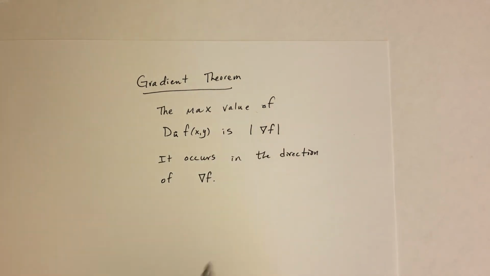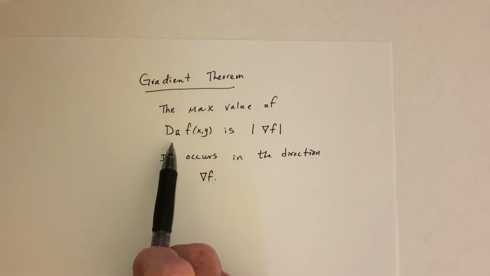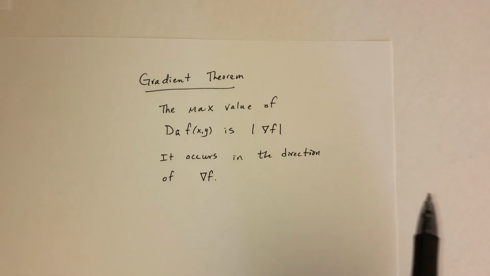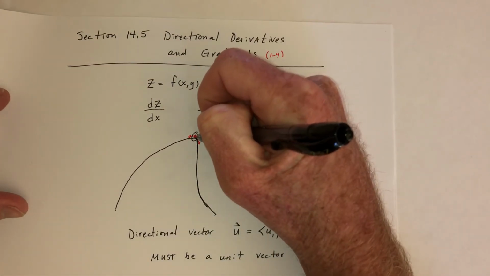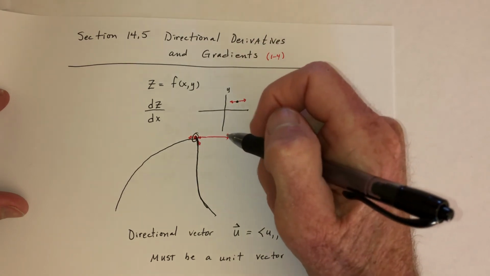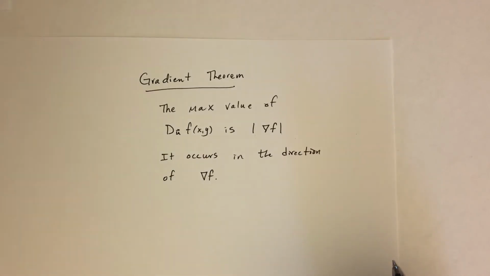So the gradient will tell you what direction you should go in order to maximize the derivative. And if you find its length, it'll even tell you what's the fastest that you could go. So back with this picture right here, so the gradient vector would tell you go down this hill, and if you find the length of the gradient, it's even going to tell you how fast you're going to be going. That is pretty amazing.